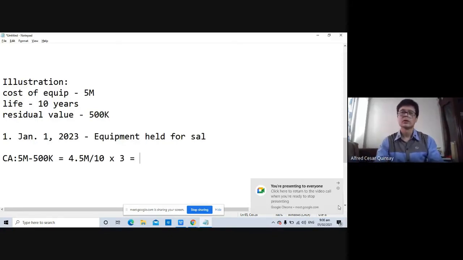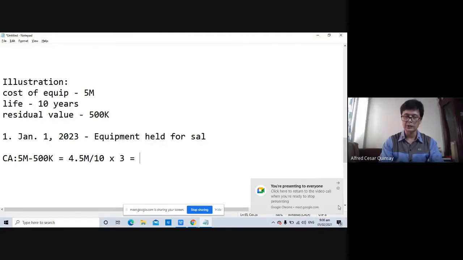It is 450 times 3. The 4,500,000 divided by 10 years, so 450.